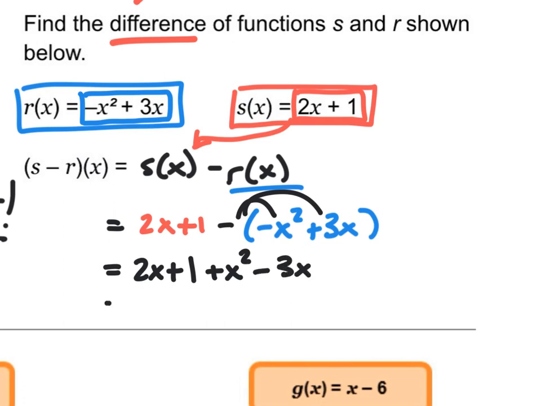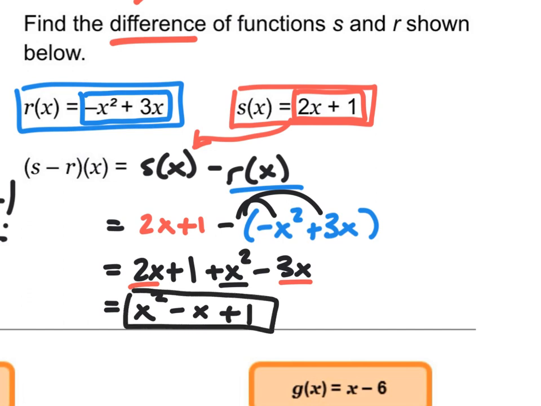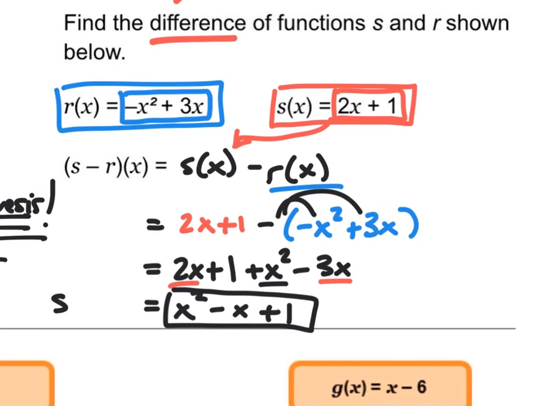So we get this quadratic, x squared. Can't combine anything with that, but I can combine 2x and negative 3x. So 2x minus 3x really just gives us a negative x, and then plus 1. So our answer that we're looking for is this, equal to s minus r of x, given those.